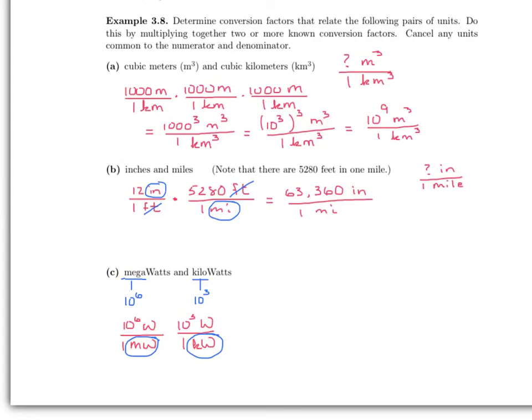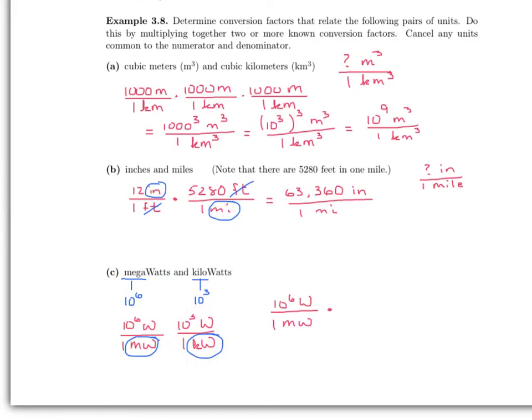So let's try starting with one of the conversion factors. Let's write down 10 to the 6 watts per 1 megawatt. And let's try multiplying this by the reciprocal of our other conversion factor.